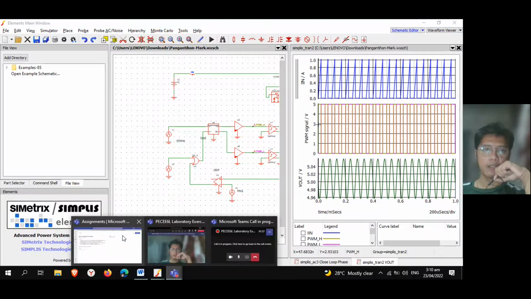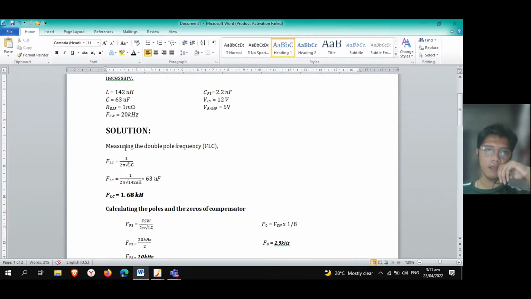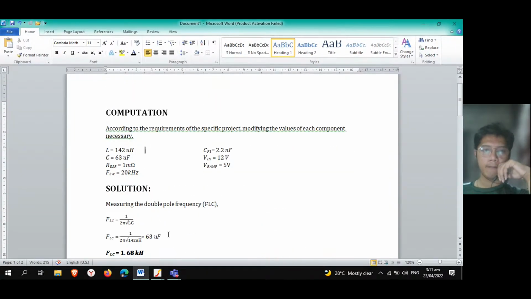So the next instruction is to show the computations for the resistors and capacitors of the Type 3B compensator. I solved it earlier.